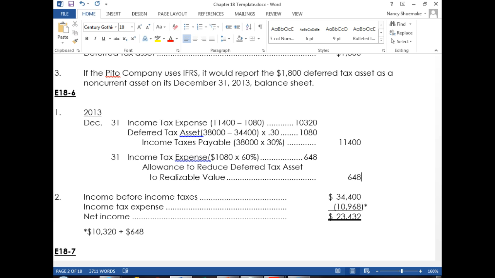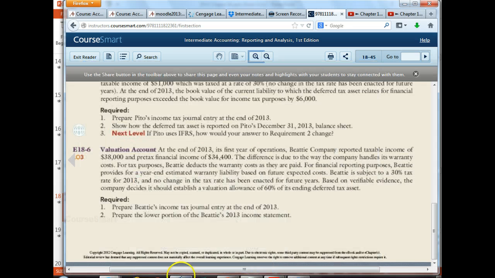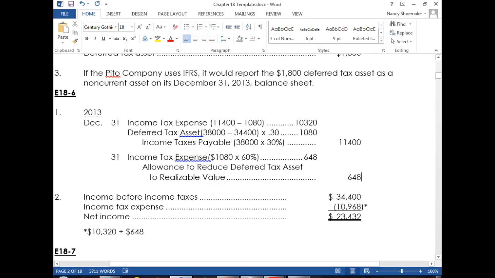Number 2 then states, prepare the lower portion of Beatty's 2013 income statement. So we've got to look at the income statement and look at the expenses, right? Do you see how we've got income before income taxes, financial accounting, 34.4.